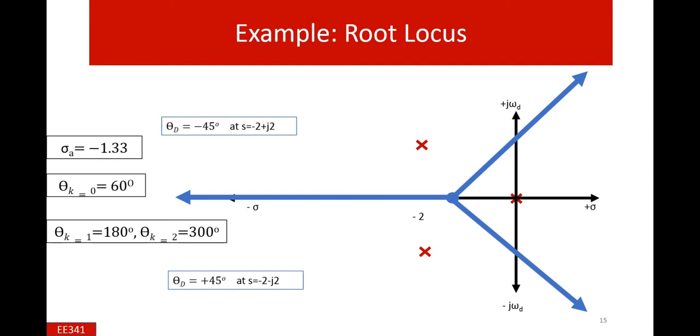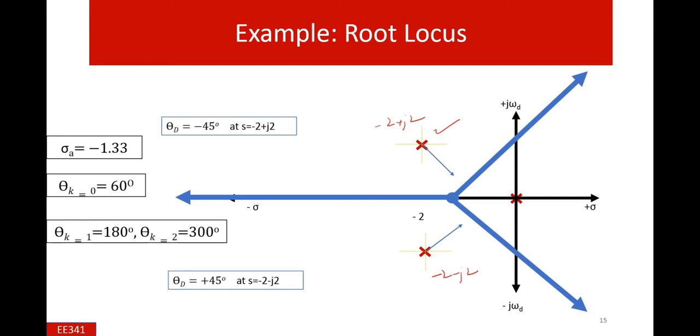Then we find the angle of departure at this pole, which is at -2 plus j2, and similarly at this pole at -2 minus j2. And so through these guidelines now we can draw the root locus.